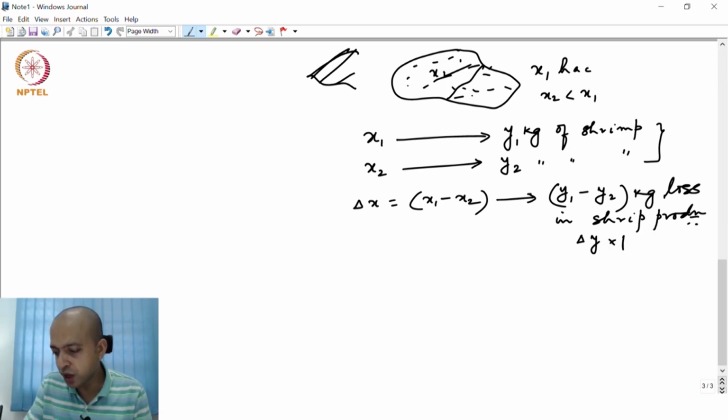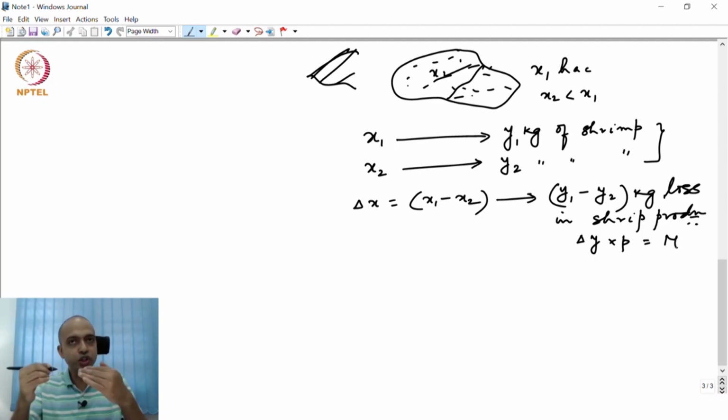If you multiply this by p, let's say that is m amount of money, which is the loss for the shrimp producers' profit. So the shrimp producers' profit goes down by m amount due to a change of delta x in the wetland size. Then we can say that the wetland's value in monetary units is m for this delta x amount.